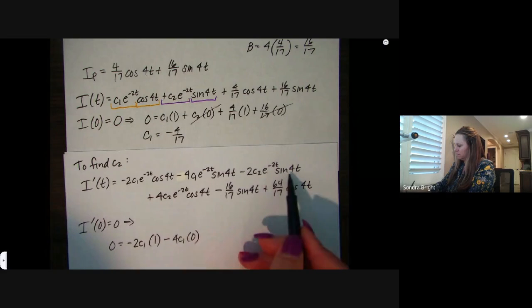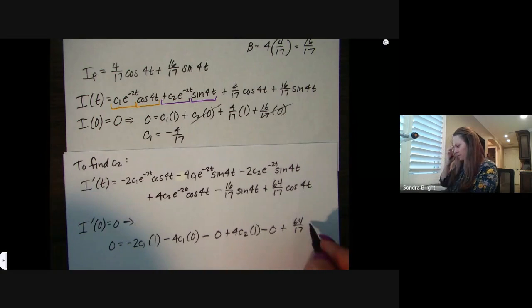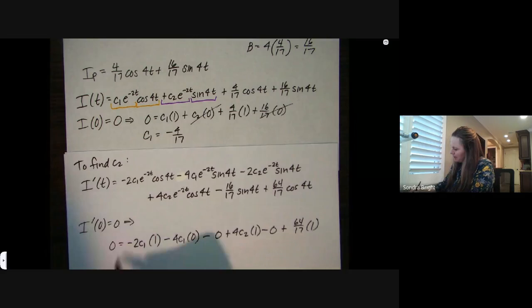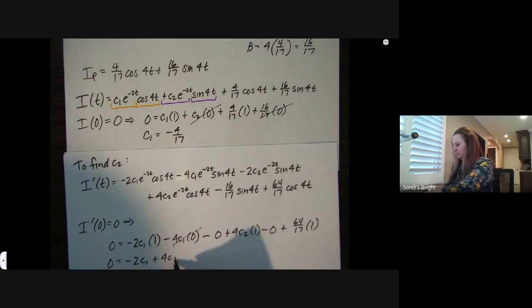I don't bother plugging it in. This guy would be plus 4C2 times 1. This one would be a sine, so that's a minus 0, and then a plus 64 over 17 times 1. So what does that give me? That gives me a negative 2C1 plus 4C2 plus 64 over 17.